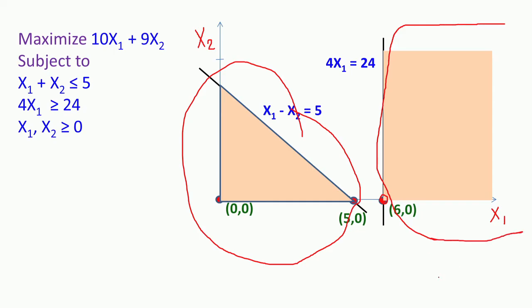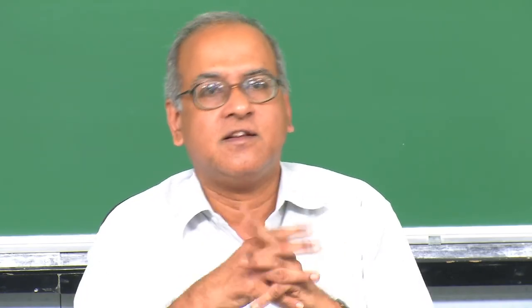So, we realize that there is no region which satisfies both these constraints. When we have two constraints where there is no point satisfying them together, then we say that the problem is infeasible.